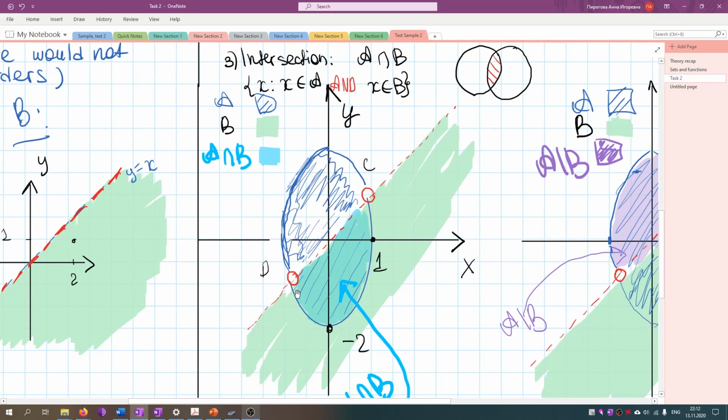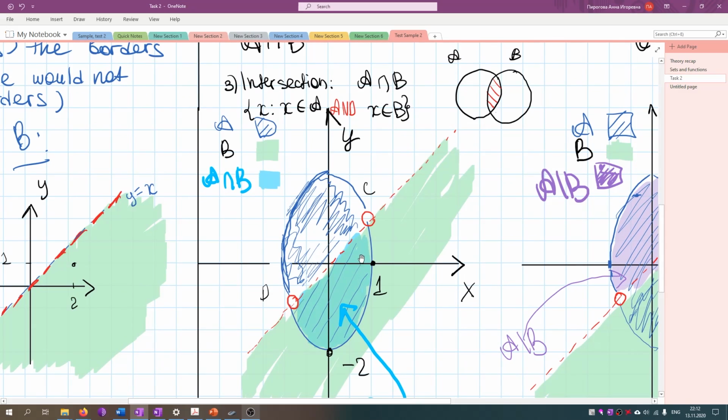The ellipse is the blue one, and the green area is green, and with this red line. So we need to find the area of intersection of these two graphs, and it will be right here. And don't forget to exclude these points because this line is not included in the set B.